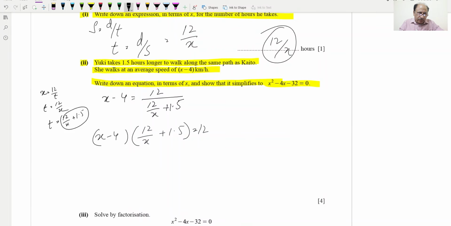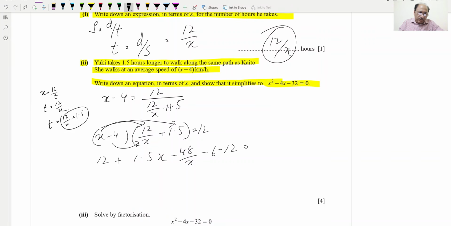So it will be 12 plus 1.5x, we are multiplying x with this, then x with this. Now minus 4 with this will be minus 48 over x, and minus 4 into plus 1.5 will be minus 6, and 12 we can shift to the other side.